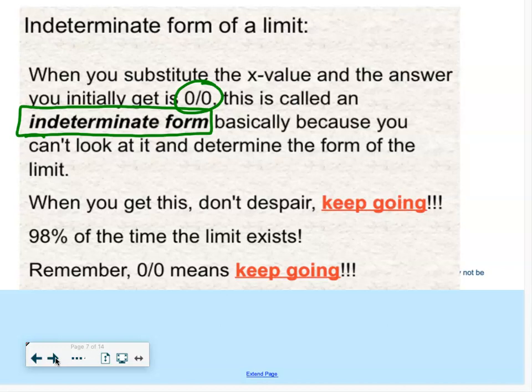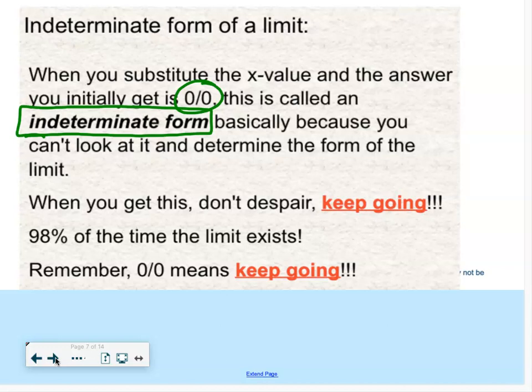Later on, you'll get into really fun ones like infinity minus infinity and 0 to the 0 power. Hey, is 0 to the 0 power 0? Or is 0 to the 0 power 1? Ooh, dun dun dun, right? That's what you're going to discover.